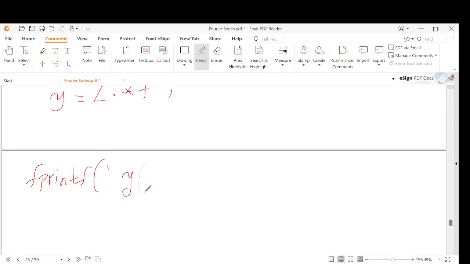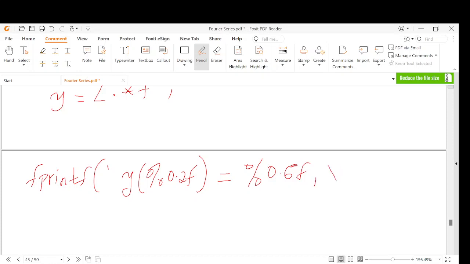So I write y at 12.39, but because I can change that value, I'll put the placeholder %0.2f is equal to, then I'll put the placeholder to put the output here, which is y. So I'll use 6 decimal places.